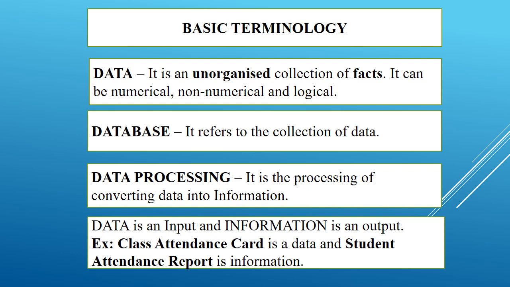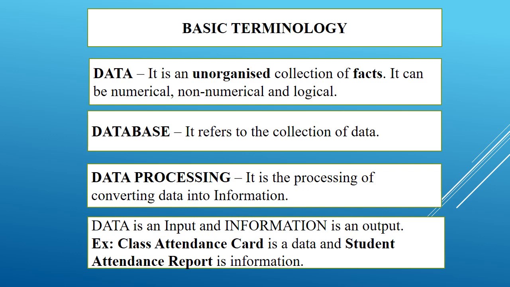Next is data processing. Data processing means the processing of converting data into information. I already told that data is input. The computer will process the data into output, that is information.